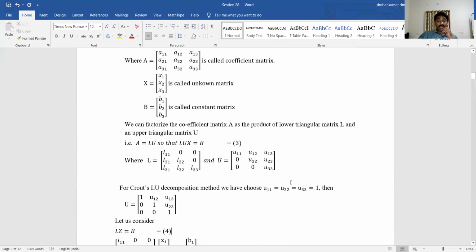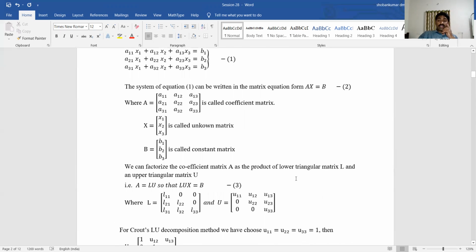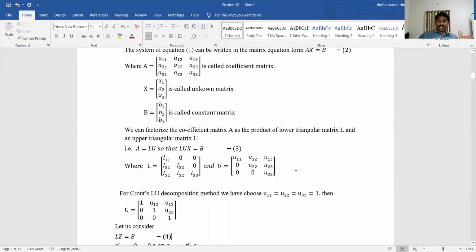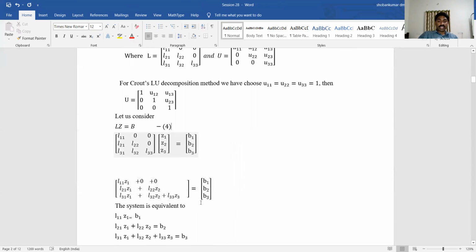Once again, you should remember: first note down the coefficient matrix and decompose it into the product of a lower triangular matrix and an upper triangular matrix. Then in Crout's method, choose U11, U22, U33 equal to 1 in the upper triangular matrix. Let us consider LZ is equal to B, where L is a lower triangular matrix. Expand it and equate the corresponding elements.